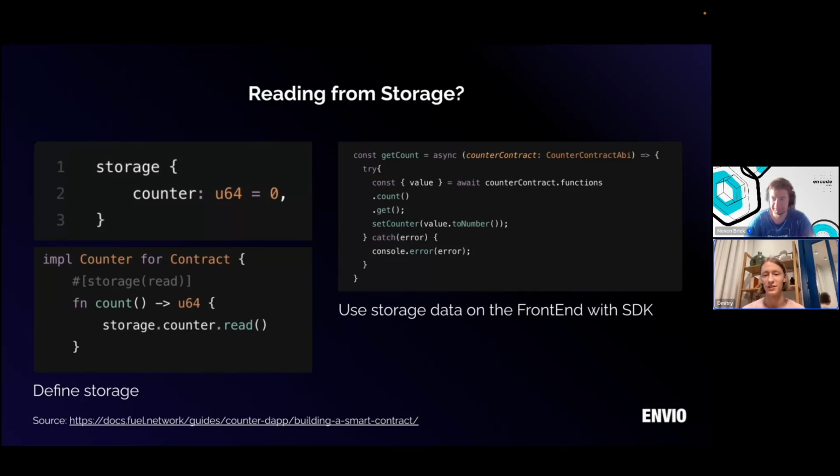Then you can see on the right side of my screen that we can consume this contract data on any client, but in this case, this is a front-end application using Fuel's SDK, where we initialize a contract, and it has type-safe functions, the ability to call ABI methods, and here we call the count method on the contract and get the value.